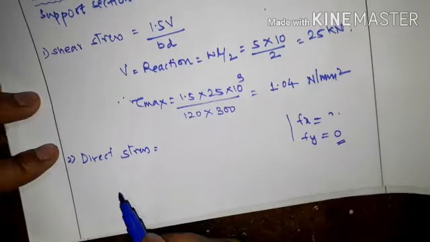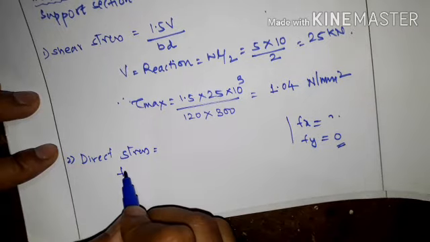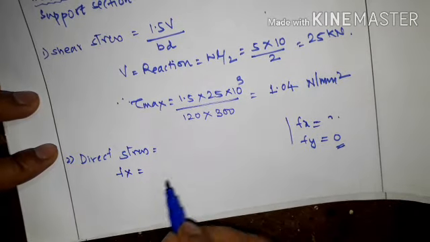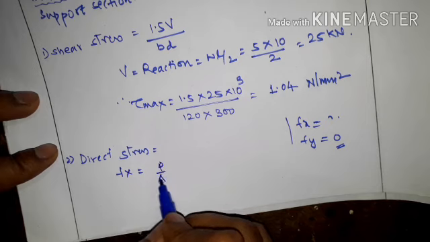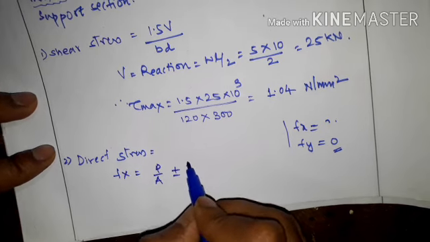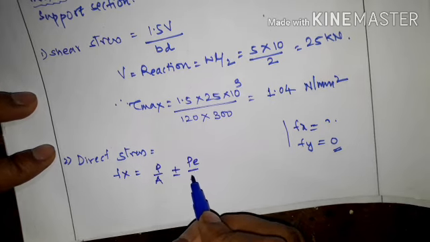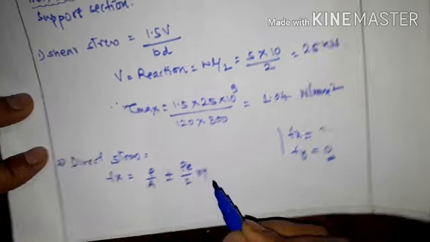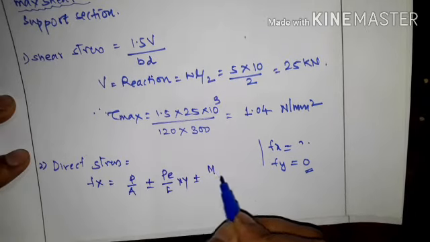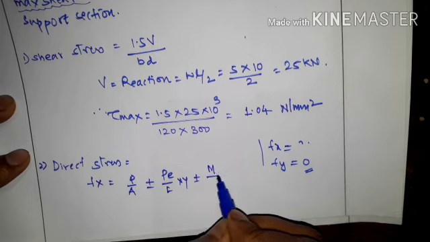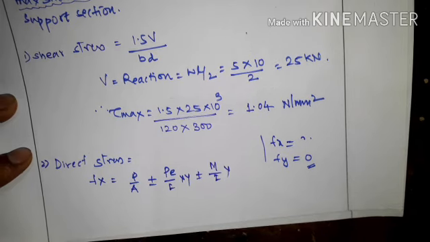Fx is given by, as we have calculated already, P by A plus or minus P into e into y by I, plus or minus M by I into y. This is the basic formula for direct stress.